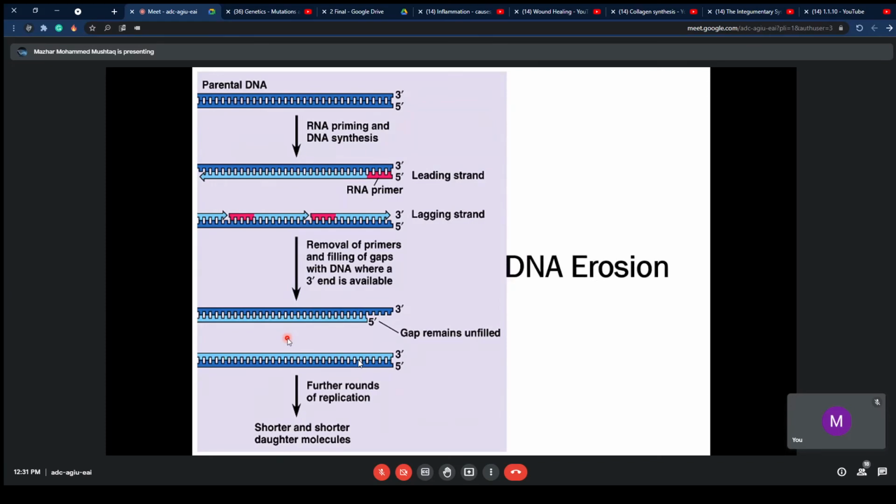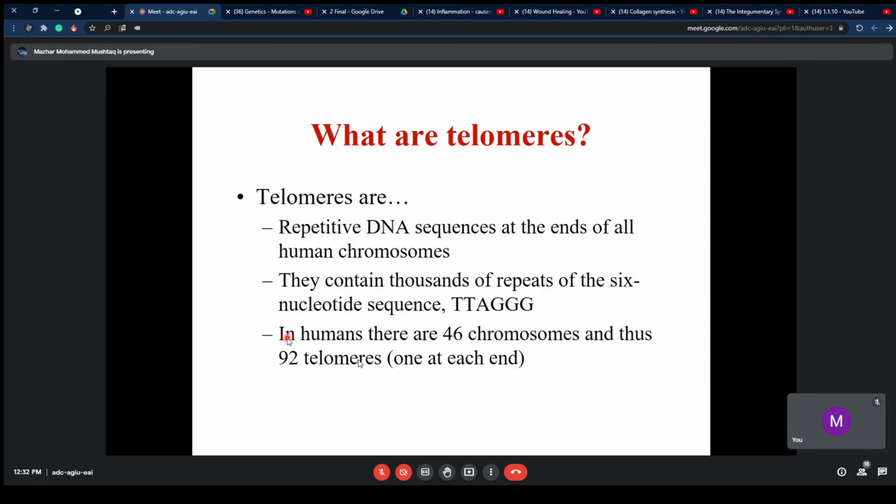And this whole thing is called DNA erosion. As the DNA or the chromosome gets shorter and shorter, we call this DNA erosion. So these telomeres are repetitive DNA sequences at the end of the human chromosome. They are basically the sequence TTAGGG.